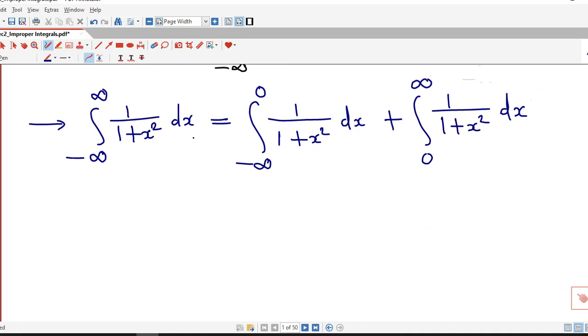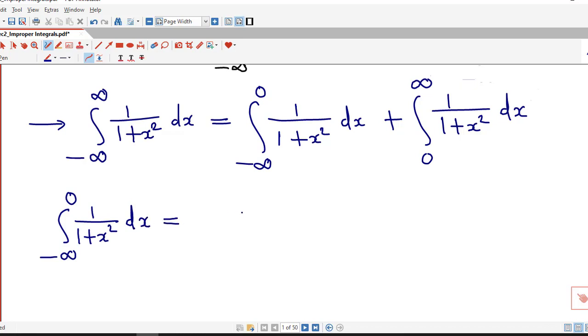Now the given integral is convergent if and only if both of these two integrals are convergent, and if at least one integral is divergent, the given integral is divergent. So we first discuss the convergence of both the integrals. First we check the convergence of the first improper integral.